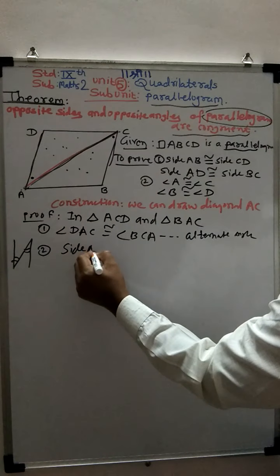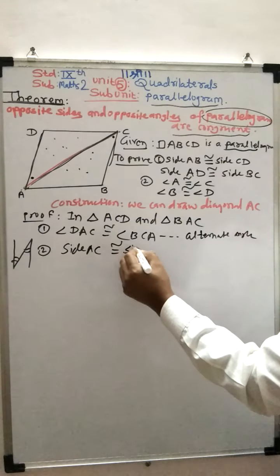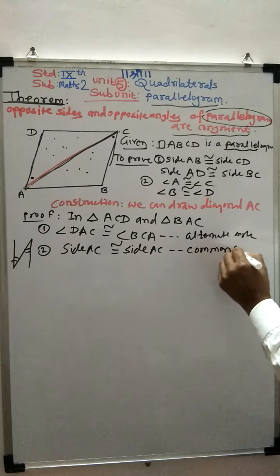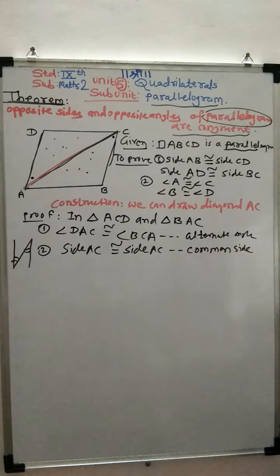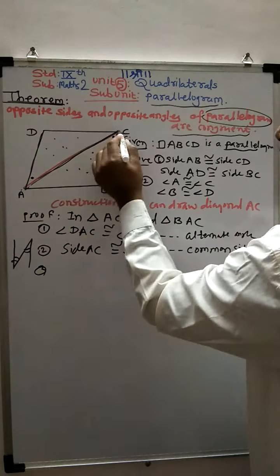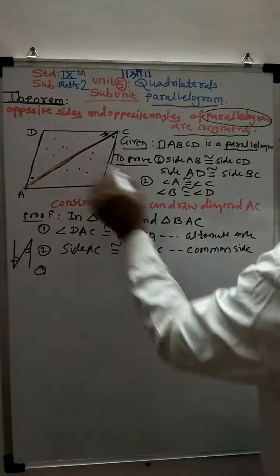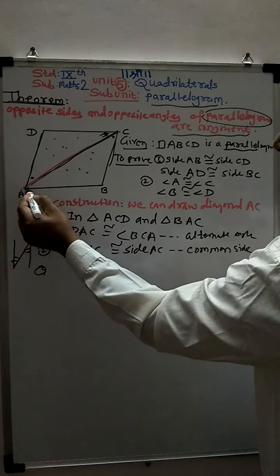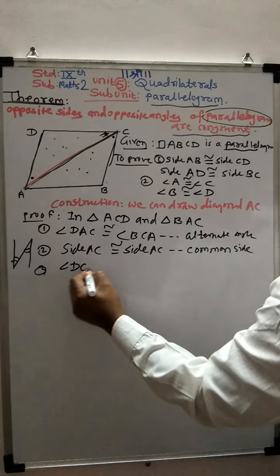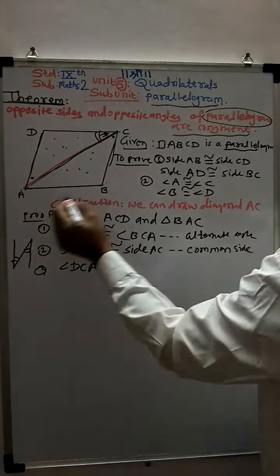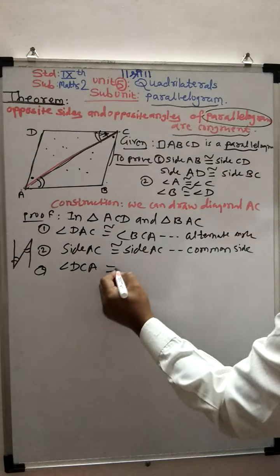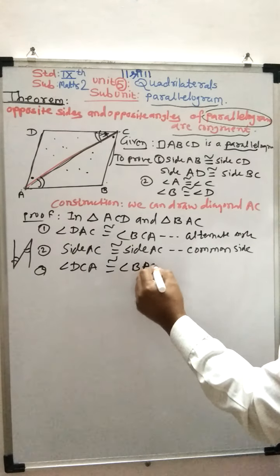This is the common side. Side AC congruent to side AC, common side. And third, angle DCA congruent to angle BAC.